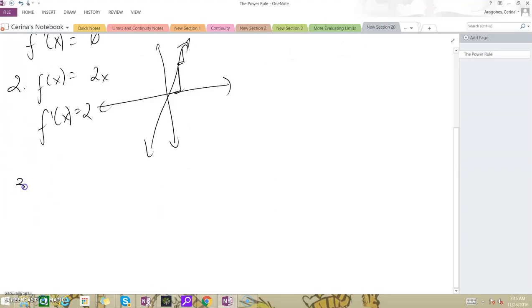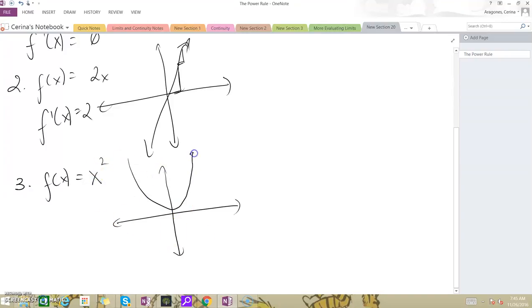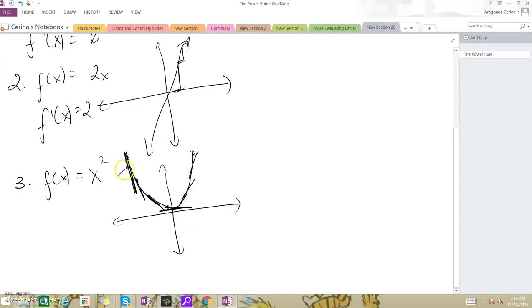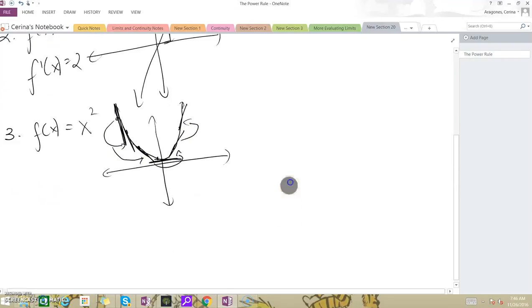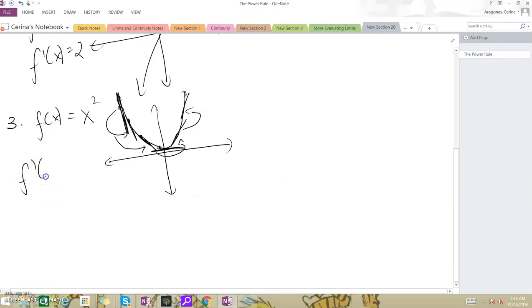And then for a quadratic function, x squared, our slopes became flatter and flatter as we approached 0 until it became 0 here, and steeper and steeper. And we found out there was a pattern, and it was a linear pattern as we changed our slope, and our slope was actually a linear function.